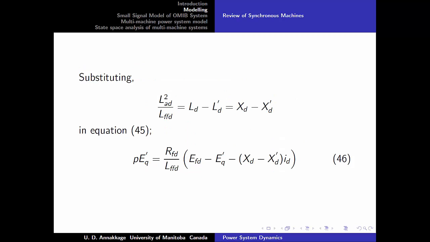And by substituting for LAD squared over LFFD in terms of the difference between XD and XD prime, we finally get equation 45, which is the differential equation for EQ prime, or the differential equation for the flux in the field winding.